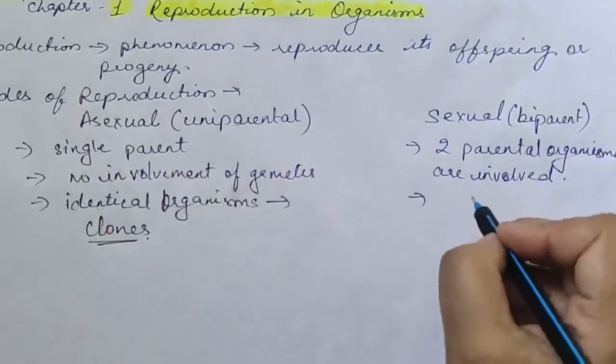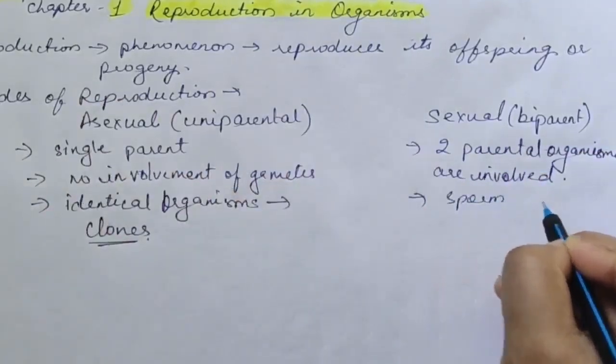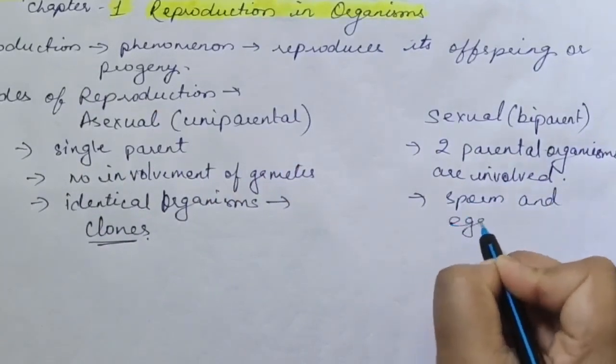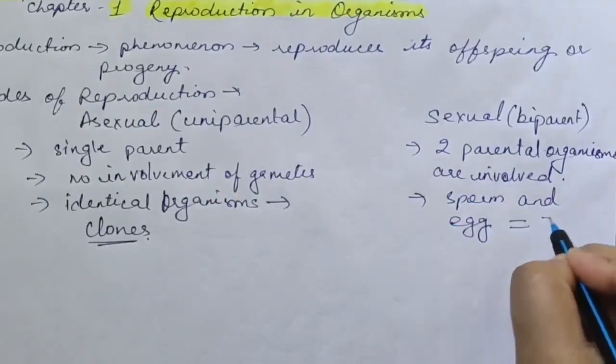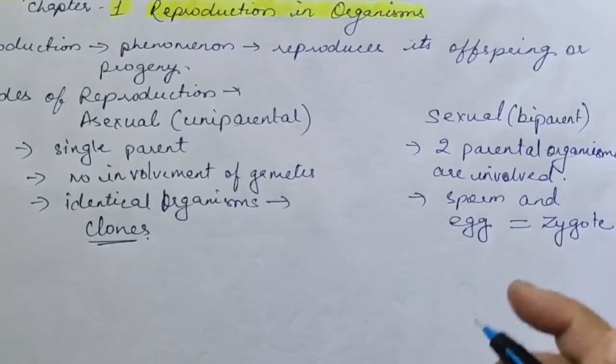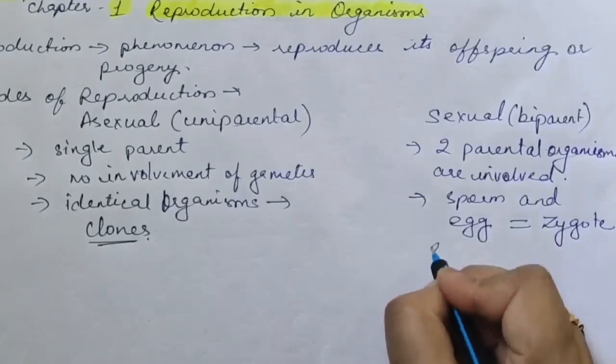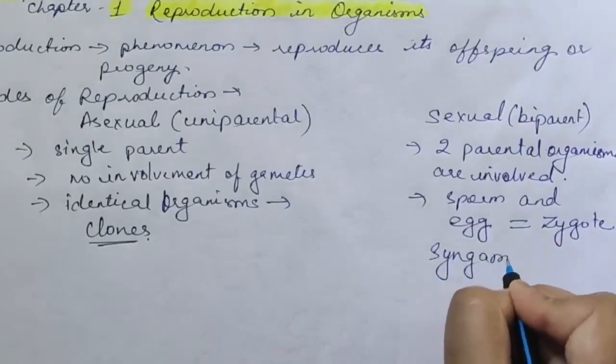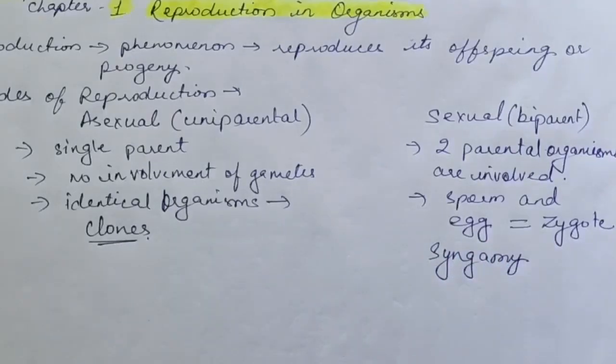The gametes are sperm and egg, which fuse to form zygote. This process, in simple terms, is called as syngamy. This we had studied in 11th standard double fertilization, where we studied about two types of fertilization which involves production of seeds in plants, angiospermic plants, by syngamy and triple fusion. Syngamy is only the simple fusion between sperm and egg. We call it as syngamy.